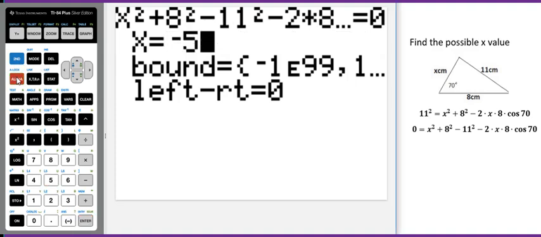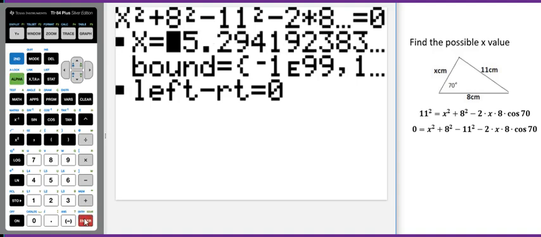Then I do alpha, enter. See, I got the negative value. That's the second solution. But we know that for this specific problem, we need a positive solution. Therefore, only x1 equals 10.767 will be the solution to this equation.